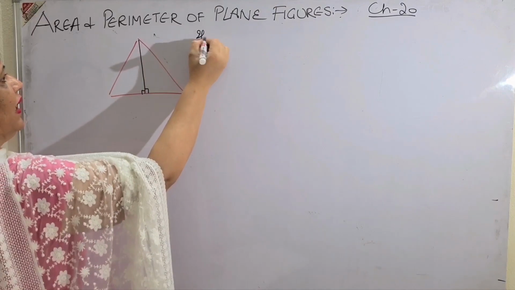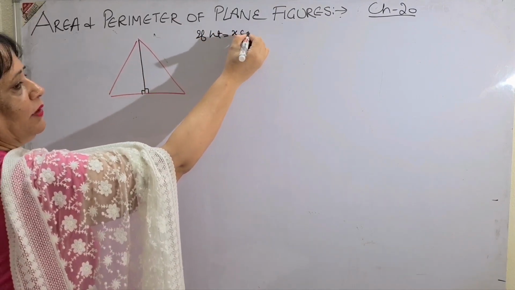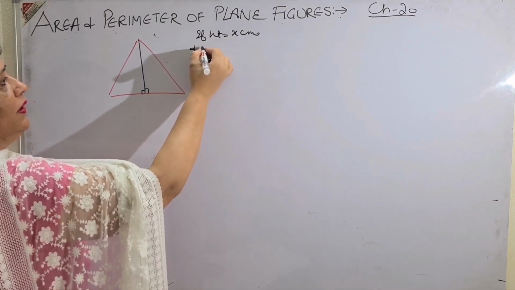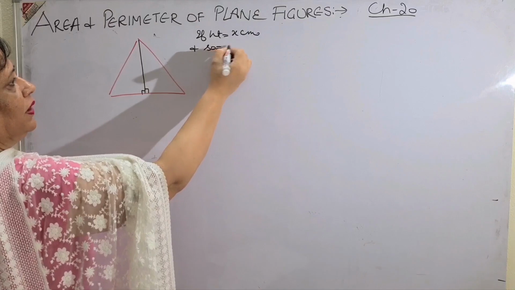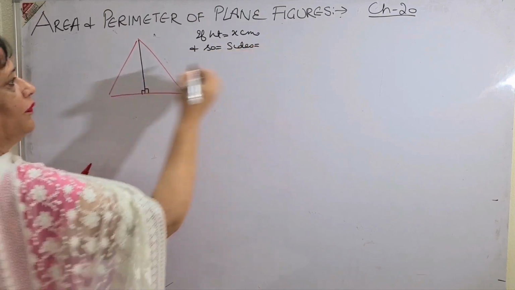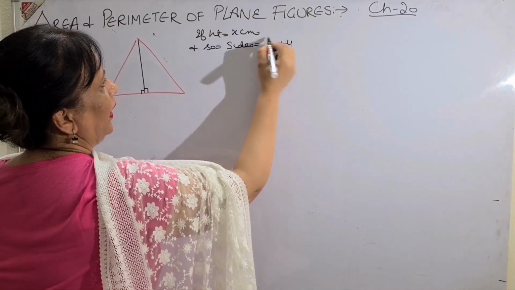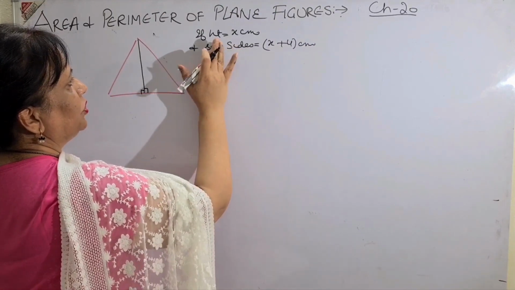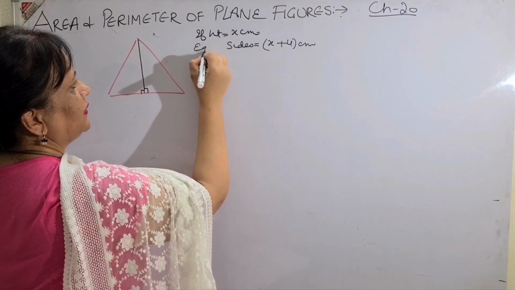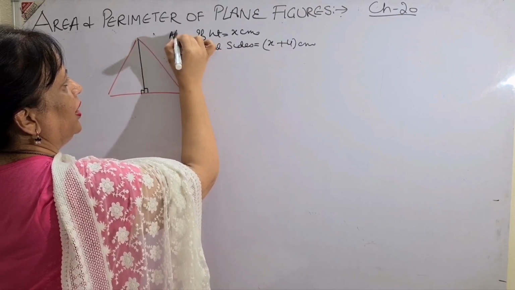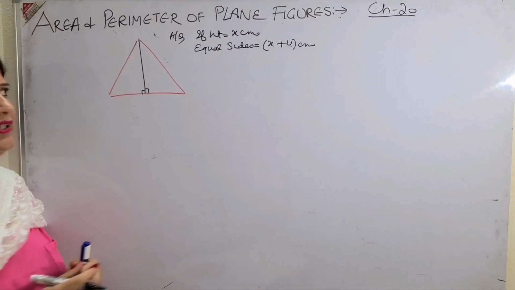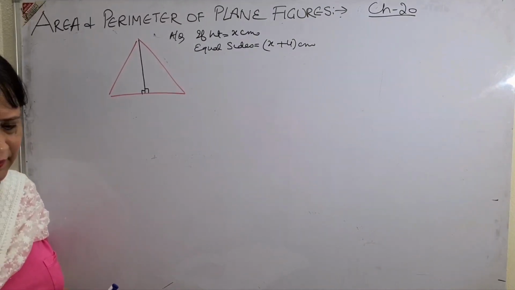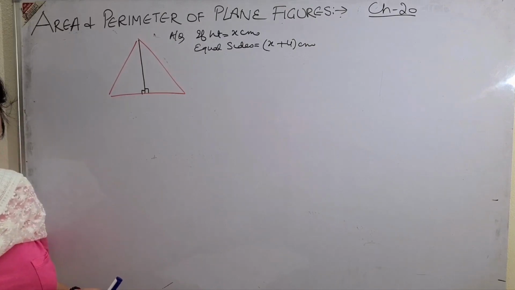If height is x centimeter, then according to the question, equal sides are 4 centimeter greater than the height, so that is x plus 4 centimeter.